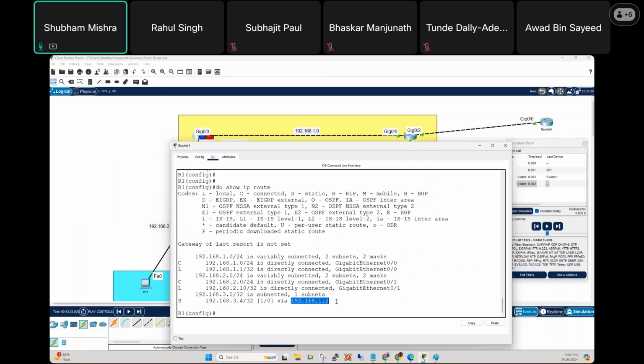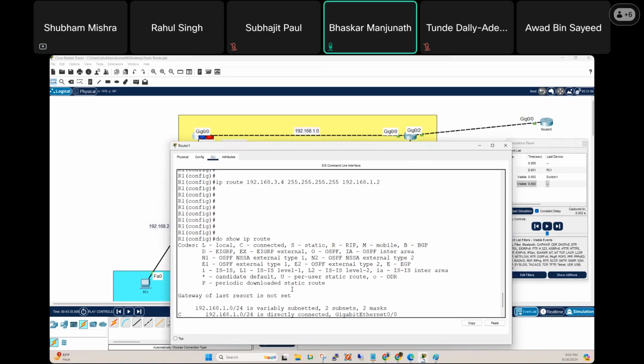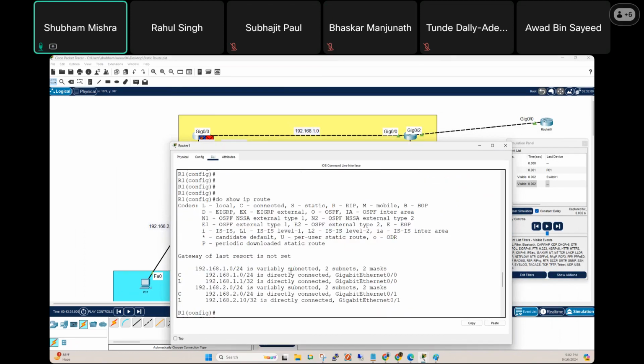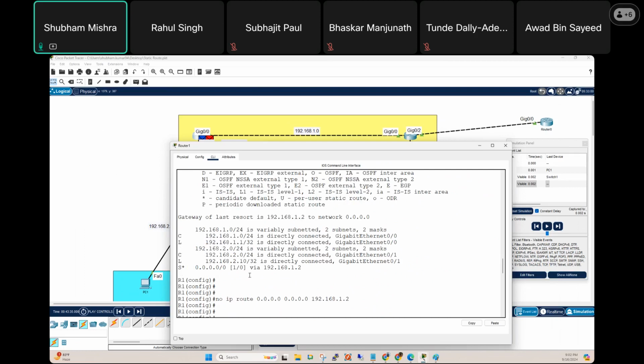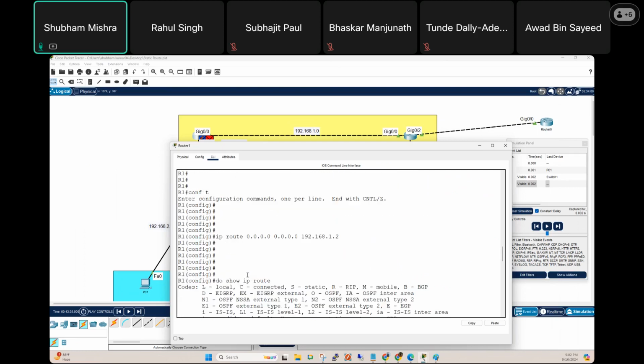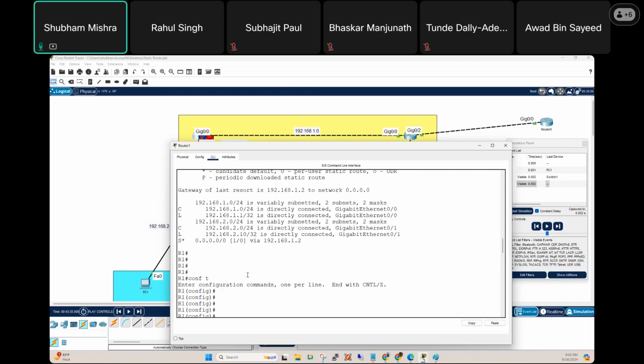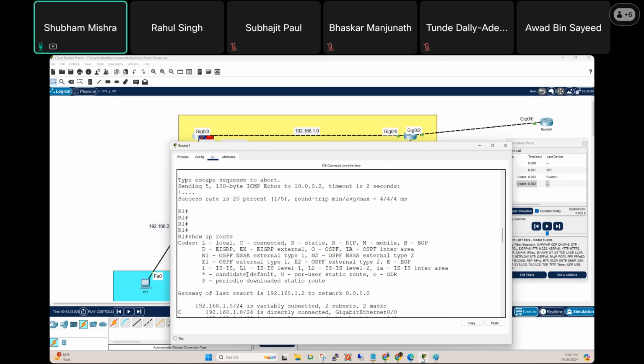This is the next hop. So you already mentioned the particular IP address, guys. Yes or no? But before, previously when you check any routing table, the default route, let me check if we configure anything else.